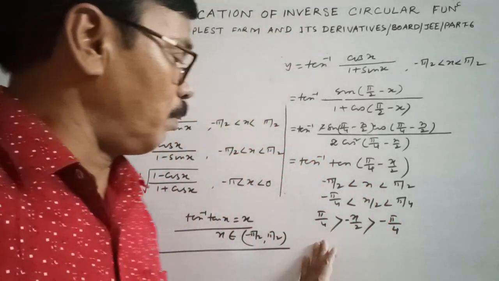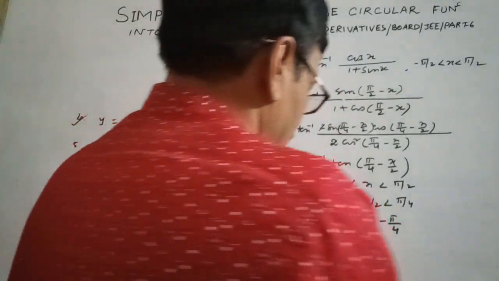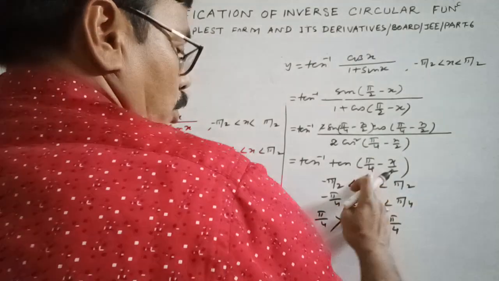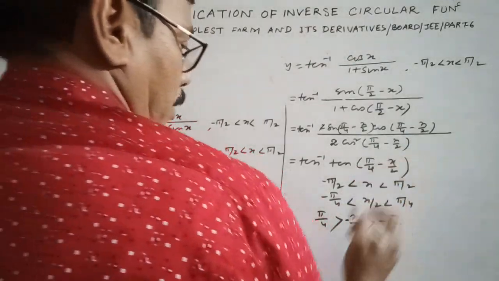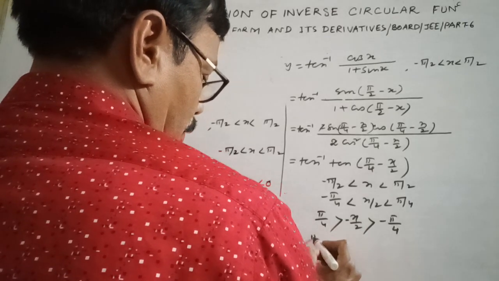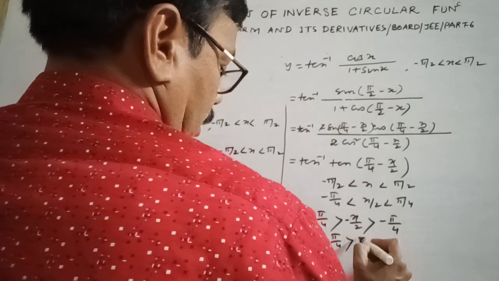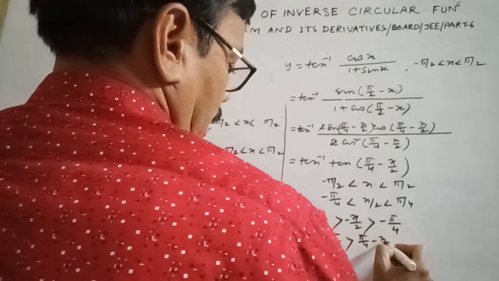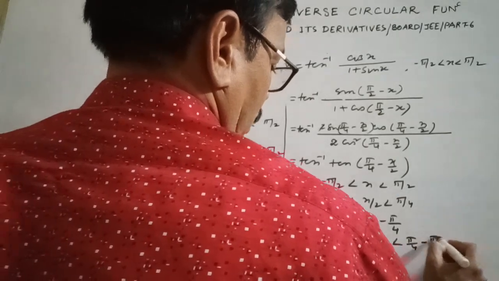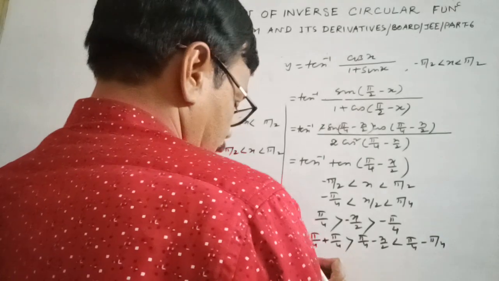If we multiply an inequality by a negative number, the inequality direction reverses. So pi by 4 greater than minus x by 2 greater than minus pi by 4. Then this is pi by 4 minus x by 2, so add pi by 4: pi by 4 plus pi by 4 greater than pi by 4 minus x by 2 greater than pi by 4 minus pi by 4. So finally what are we getting?